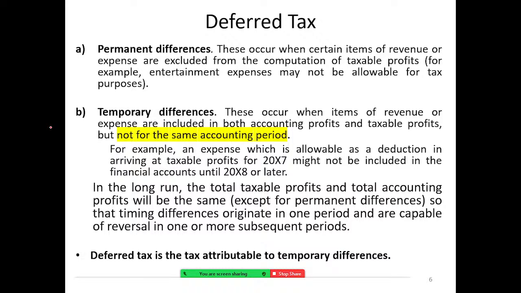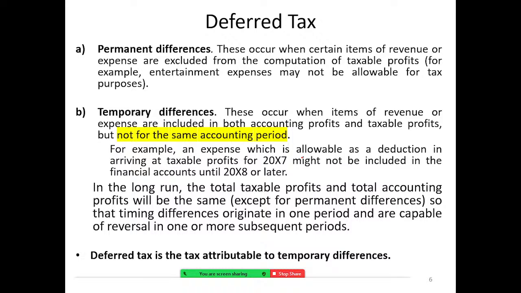For example, an expense which is allowable as deduction in arriving at taxable profit for 2017 might not be included in the financial accounts until 2018 or later.